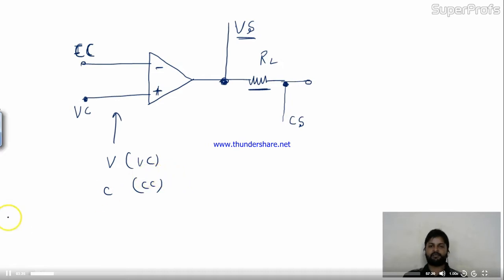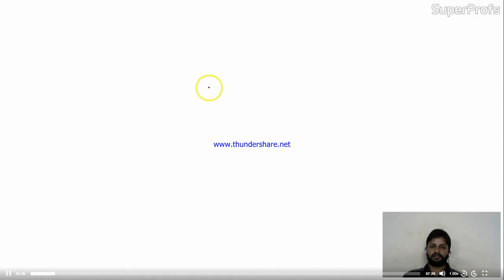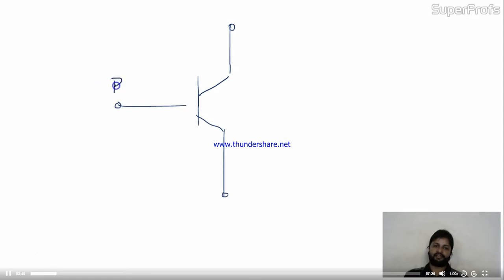Okay friends, this is the information I gave you, but this is for OPAMP. Now I'll give it for the transistor also. Suppose this is the transistor circuit. Let's take it like this. This is base, collector and emitter.